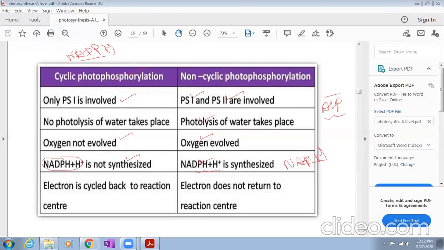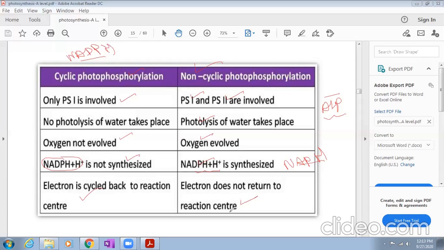Why? Because NADP is the final electron acceptor in non-cyclic photophosphorylation. In cyclic photophosphorylation, the electron is cycled back to a reaction center. It means the electron is accepted back by photosystem 1. In non-cyclic photophosphorylation, the electron doesn't return to the reaction center.